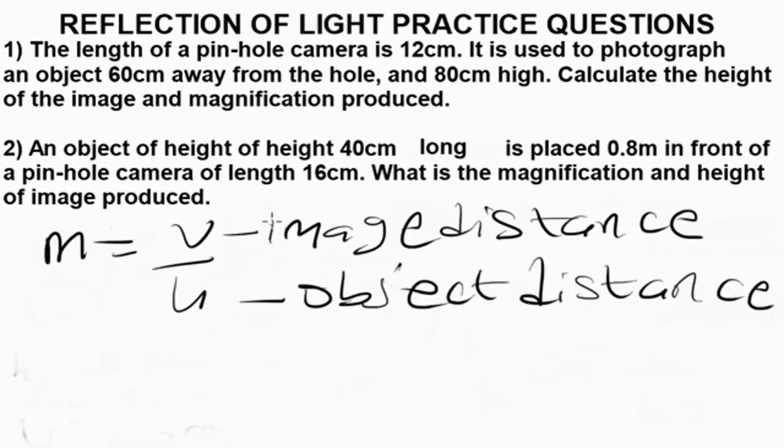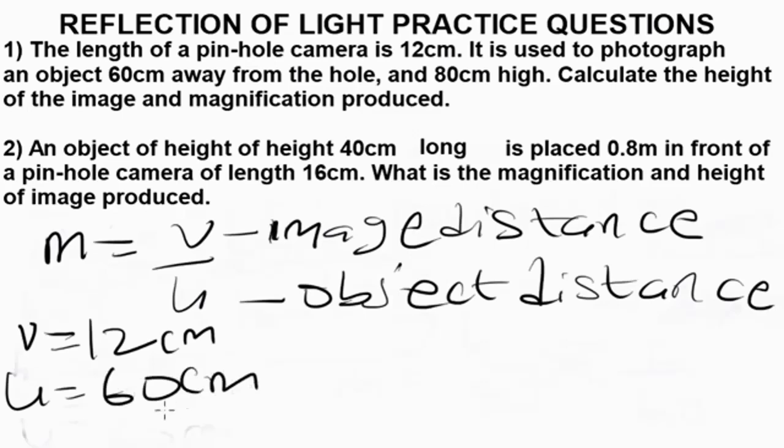Okay, now let's bring out the parameters we have for this question. So in this question we have the image distance, so it says the length of a pinhole camera is 12 cm. So we have the image distance V to be 12 cm, and we have the object distance U to be, it says it is used to photograph an object 60 cm, so it's 60 cm.